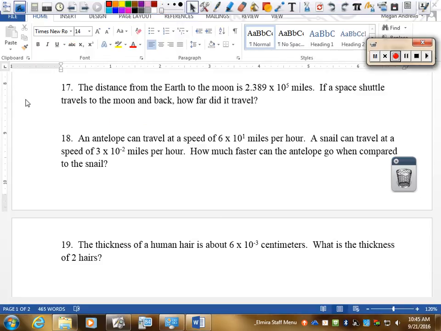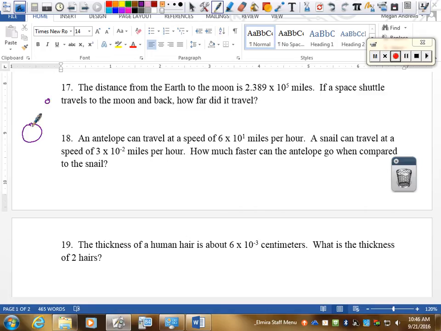Let's look at a couple homework word problems. Okay, the distance from the Earth to the Moon is 2.389 times 10 to the 5th miles. If a space shuttle travels to the moon and back, how far did it travel? Okay, so remember this assignment is about adding and subtracting scientific notation. So if we picture what's going on, we've got the Earth, we've got the moon.